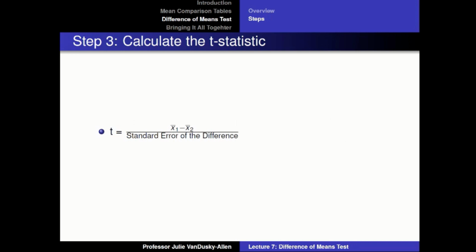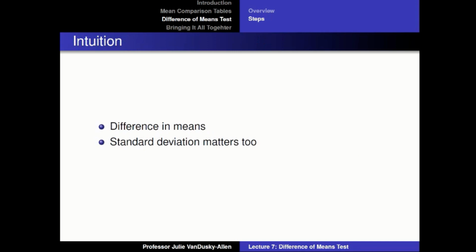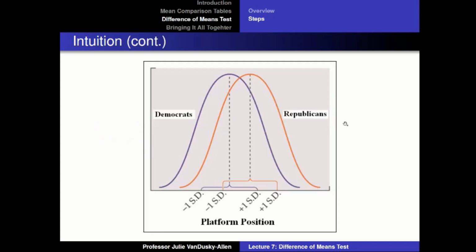Now that we have our decision rule, we can calculate our t-statistic. T equals the mean of sample 1 minus the mean of sample 2, and that value divided by the standard error of the difference. The t-test here takes into account how much the means of the two samples differ. It also takes into account the standard deviations of those two samples.